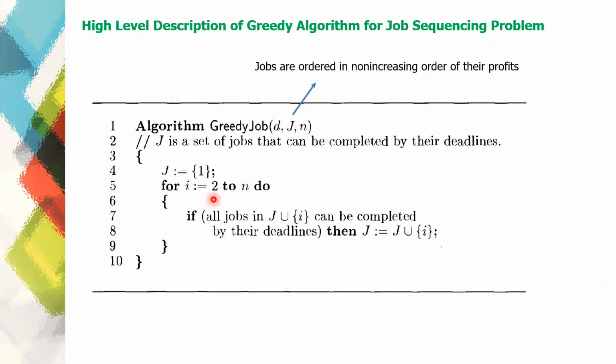For the remaining jobs, from the second job to the nth job, you'll have to find out whether you can include each job into the solution or not. I'll start with the second job. The ith job can be included in the solution if, after including it, all the jobs can be completed before their deadlines.